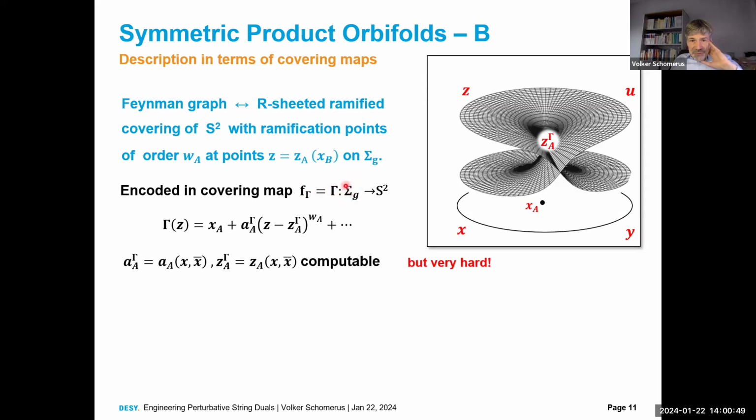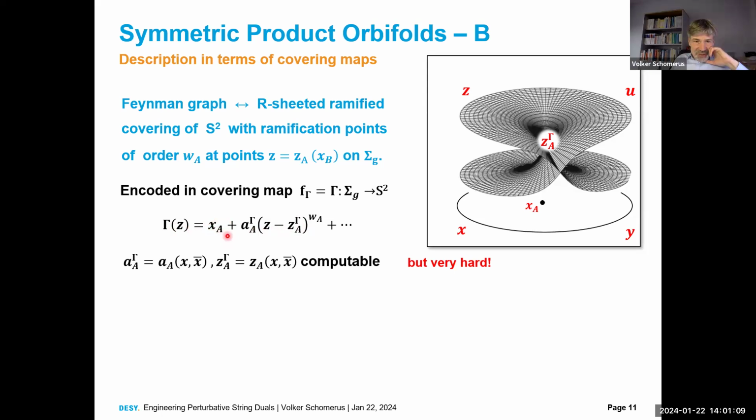That's the map that comes from a genus g surface, where the genus is computed by the formula I gave on the previous slide, to the two-sphere with the following conditions: near the ramification points z_a^Γ, it has an expansion which looks as follows.